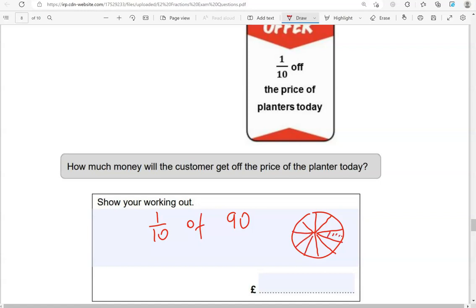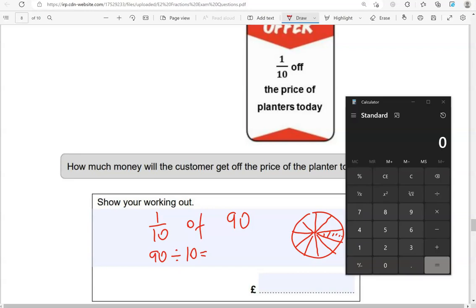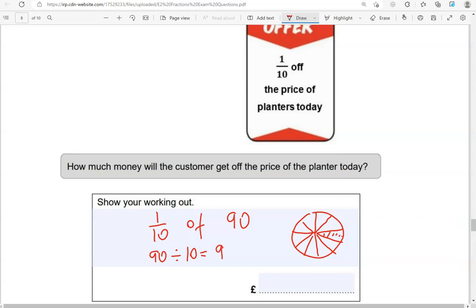So a tenth will look like this. You don't need to do the drawing, it's just here to help you understand what we're doing. So I'm going to do 90 divided by 10, so it gives me what one of these slices is worth, what a tenth is worth. So 90 divided by 10 gives us 9. So that's £9 off.